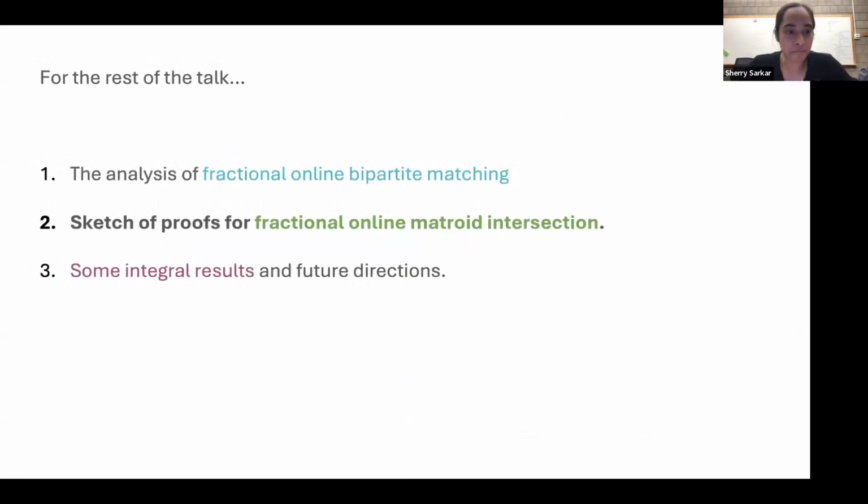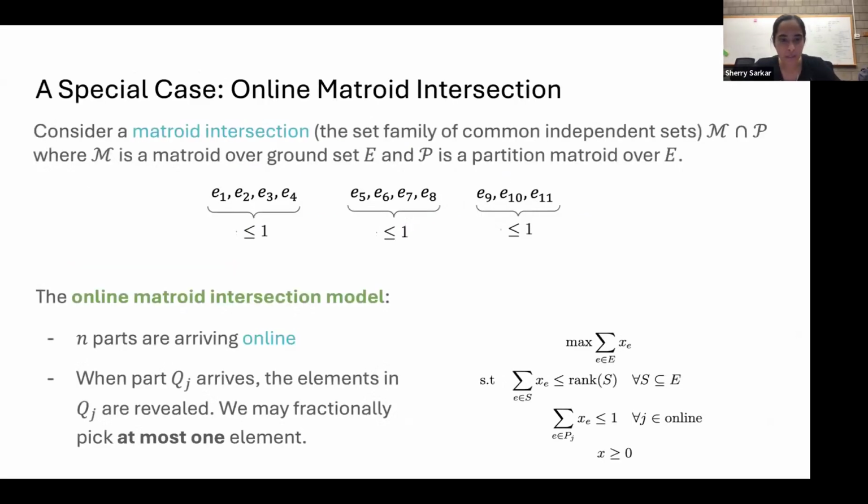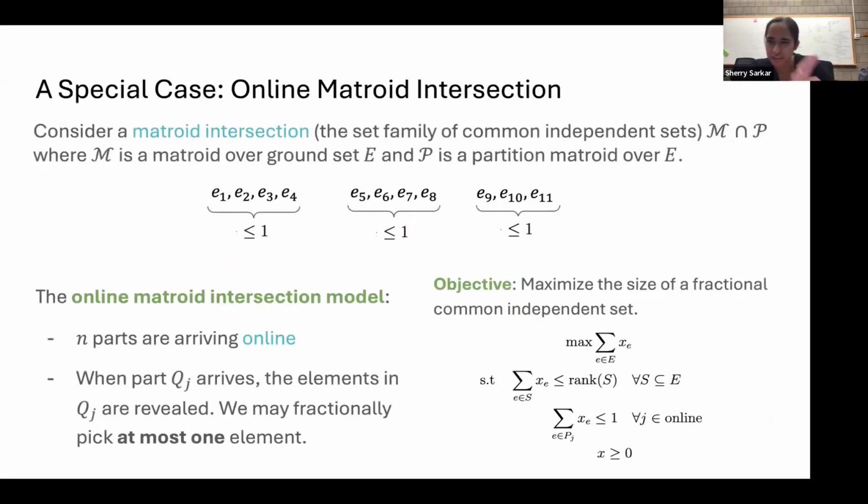Okay, so given the context of fractional bipartite matching, this is a great time for me to sketch the proofs for how this might work in matroid intersection. Just as a reminder, we have a ground set of edges E that are being revealed one by one, part by part.